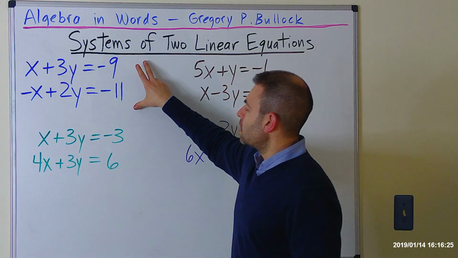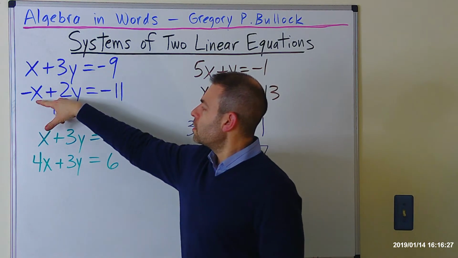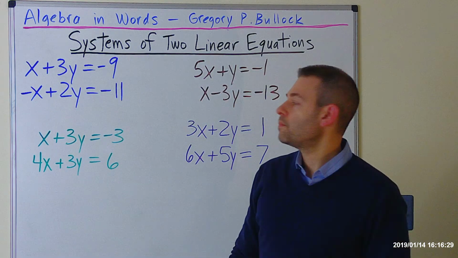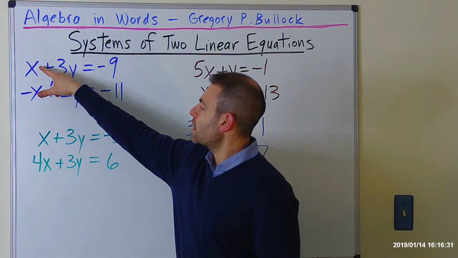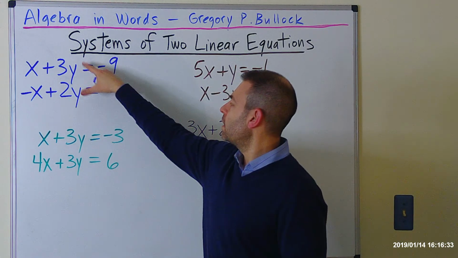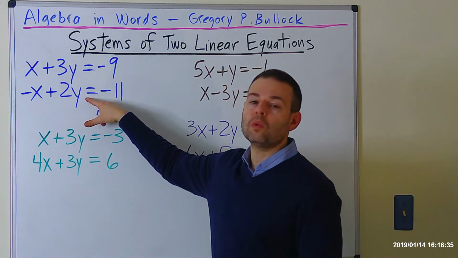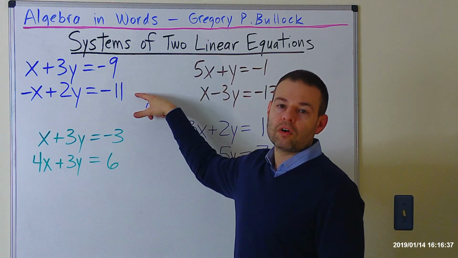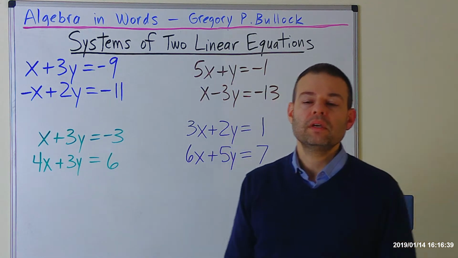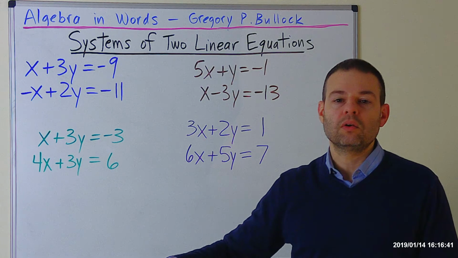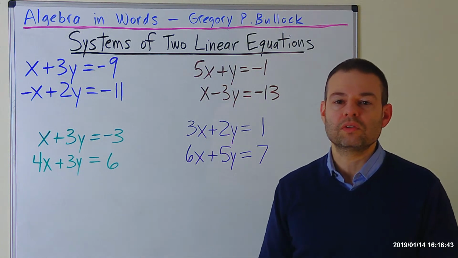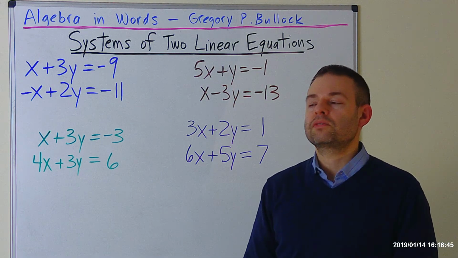Let's start with this one and compare the like terms. In these terms are x and negative x. And these terms are 3y and 2y. The constants really don't matter. They're just byproducts, and they'll just go along with whatever manipulations we choose to do. But here's what you want to ask yourself.